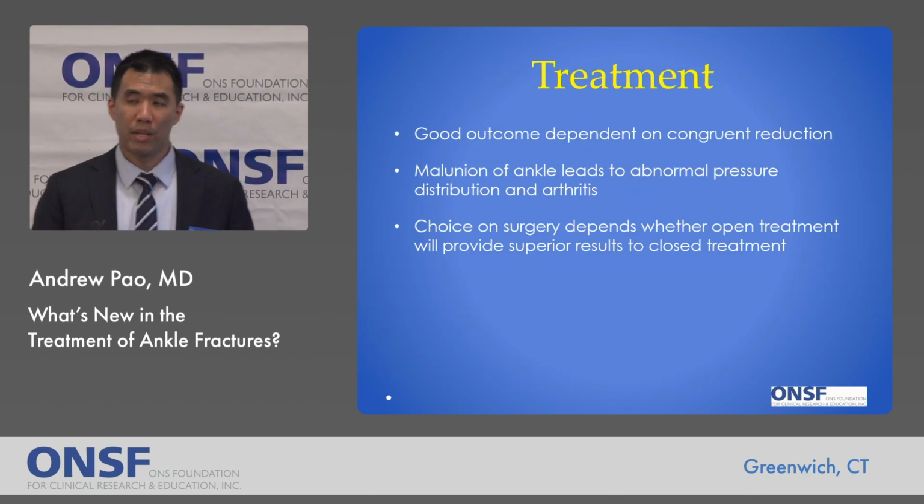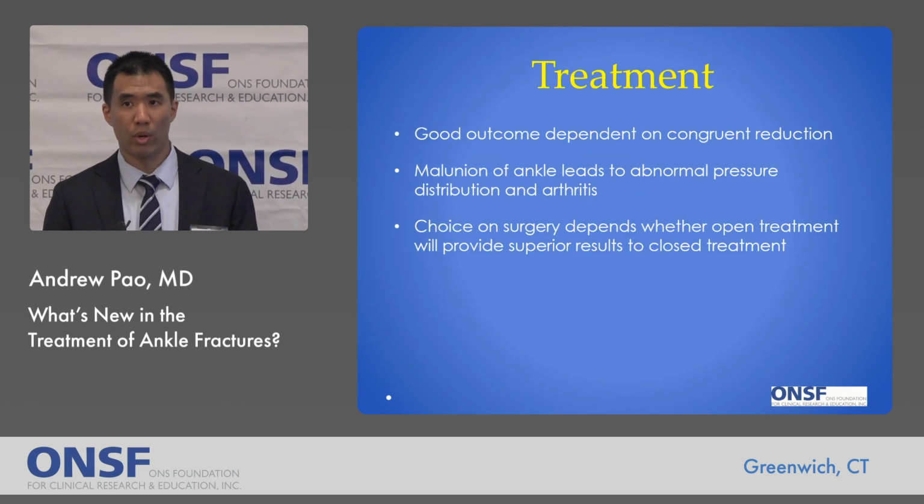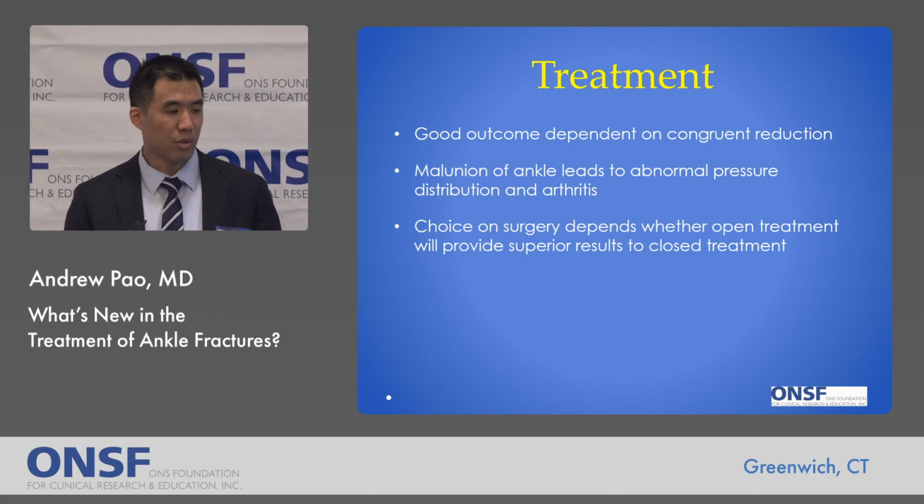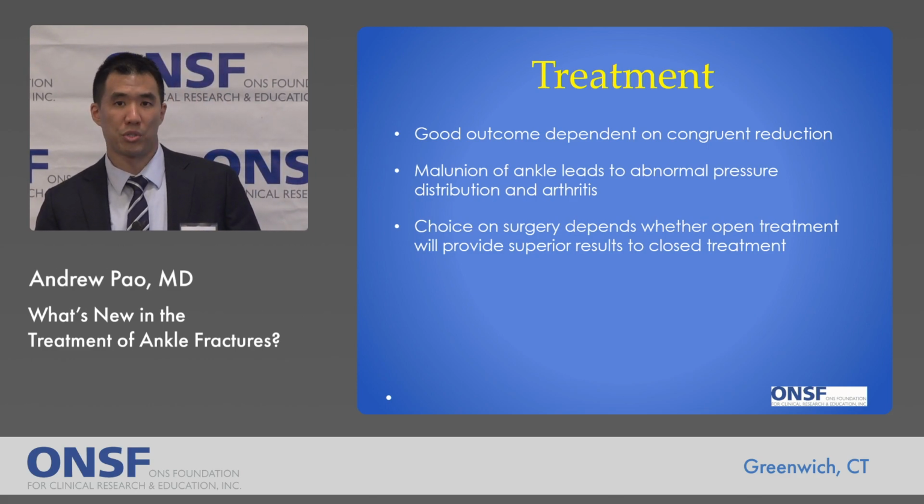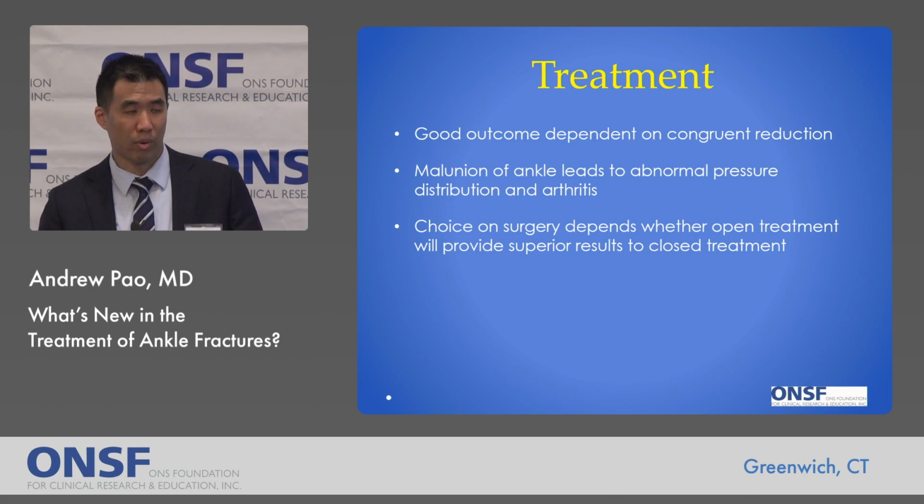A good outcome is dependent on a congruent reduction. We all know that from the literature: malunion of the ankle leads to abnormal pressure distribution and subsequent post-traumatic arthritis, which then leads to those ankle replacements that Dr. Pasternak was talking about. The choice of surgery depends on whether open treatment will really provide superior results to closed treatment. These are challenging things I see in clinic, and there's a high cost.